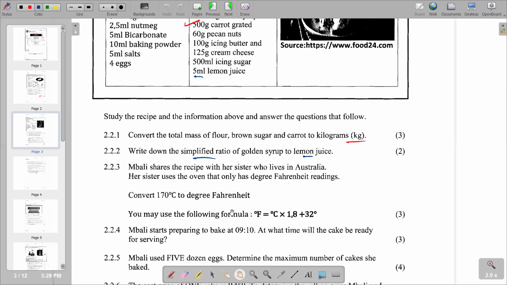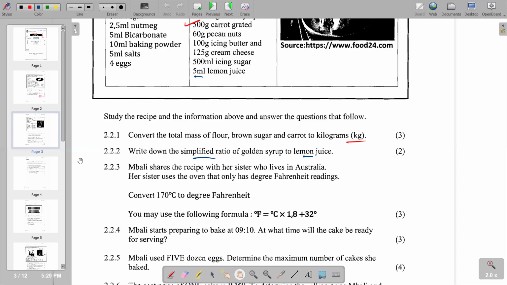So basically, we just substitute the 170 that we have for degrees Celsius, and then we can convert it to Fahrenheit.